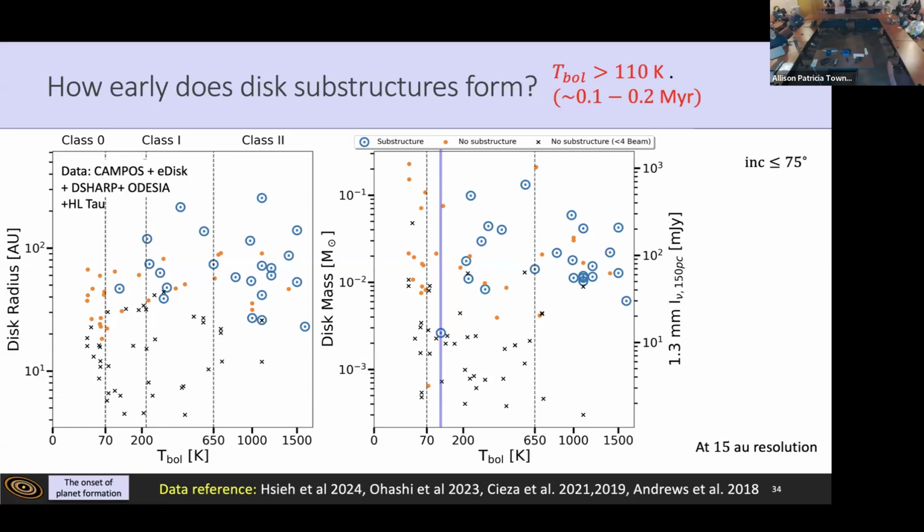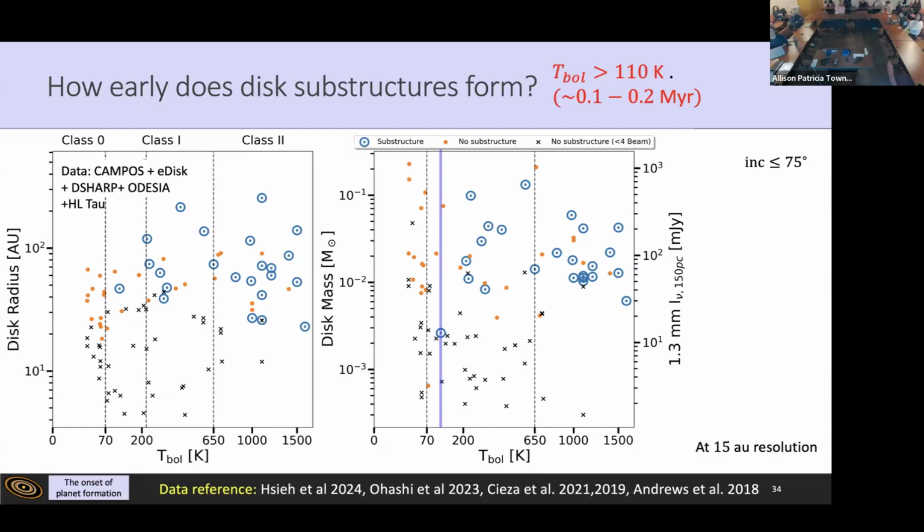And then I draw the line for Class 0 and Class 1, and a dotted line to divide the different classes. So the division between Class 1 and Class 2 is based on alpha. So here I plot around 650, which is proposed by Chen 1995 to be a division between Class 1 and 2.